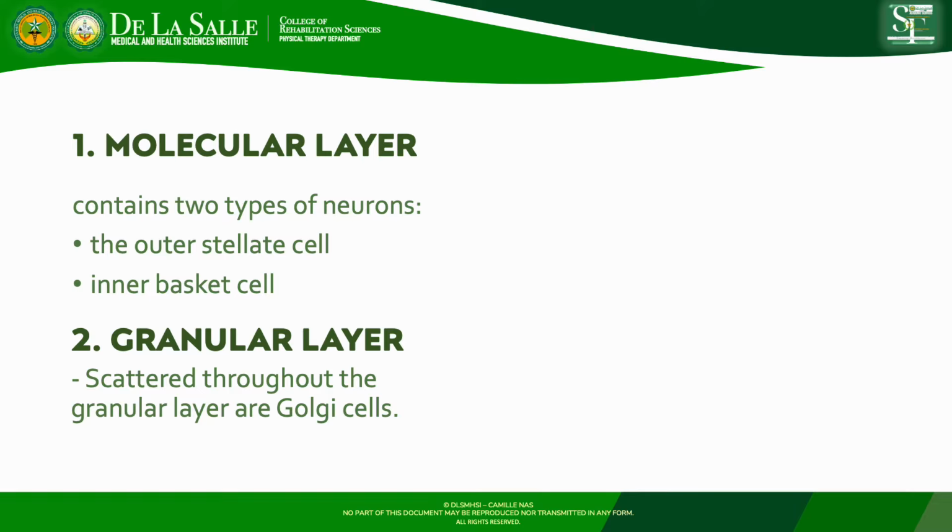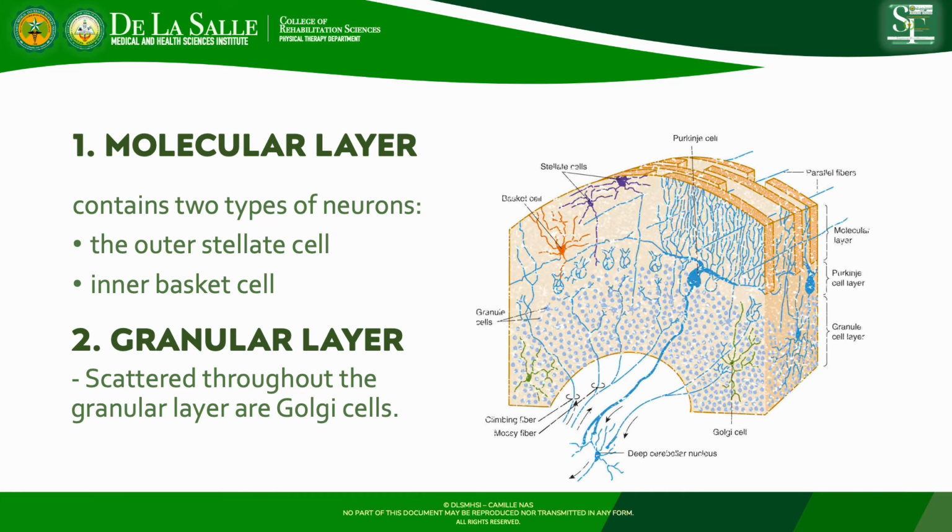Please do not confuse the neurons that are found within the cortex with the nuclei that are found within the white matter. Those are two different structures. We're talking about the cortex right now. At the granular layer, we have the Golgi cells. So here is a picture of the layers in the cortex.